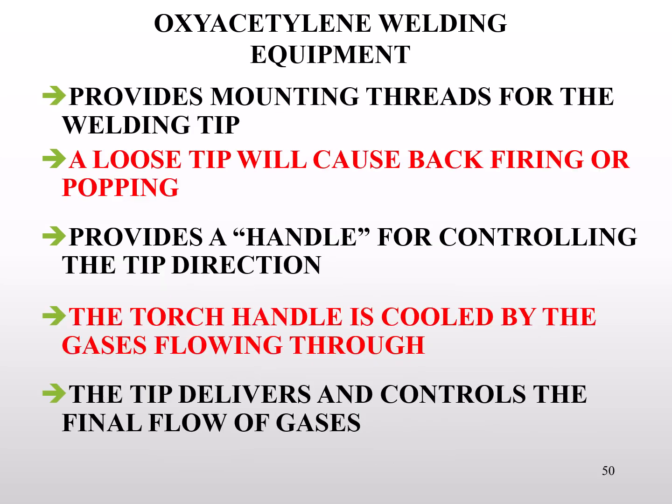I said before, your torch body provides a place to connect your welding tips. Tip sizes change based on the thickness of the material that you're welding, and the torch body also provides a place for the hoses to connect.